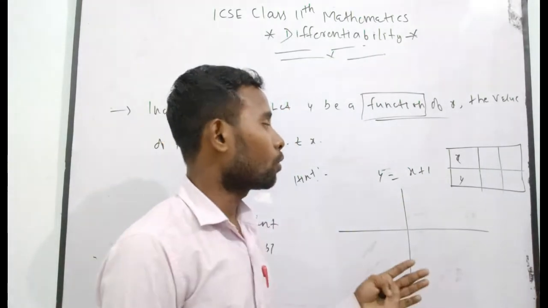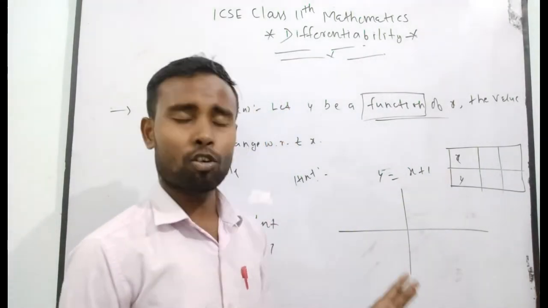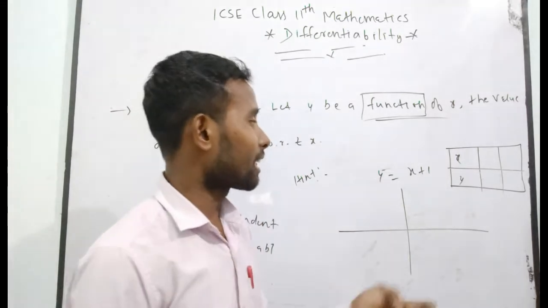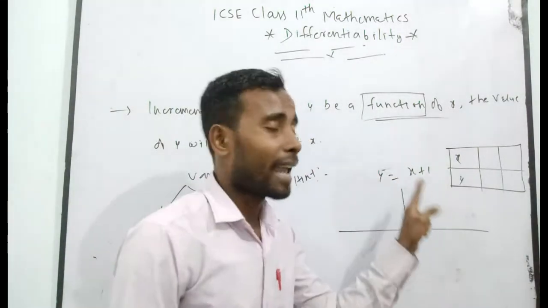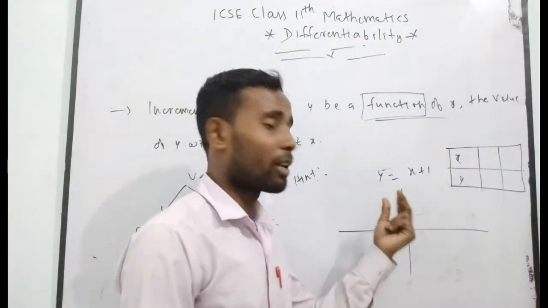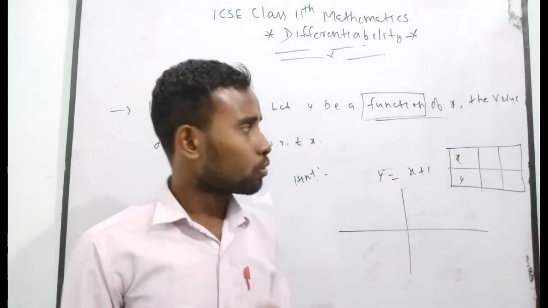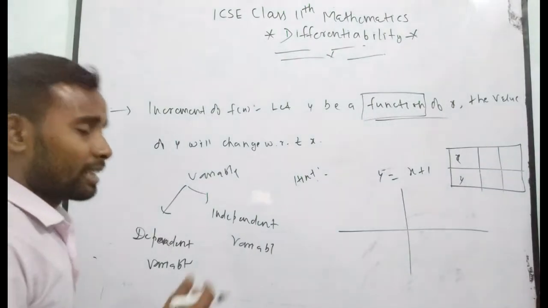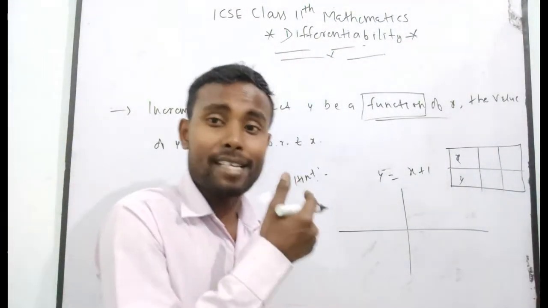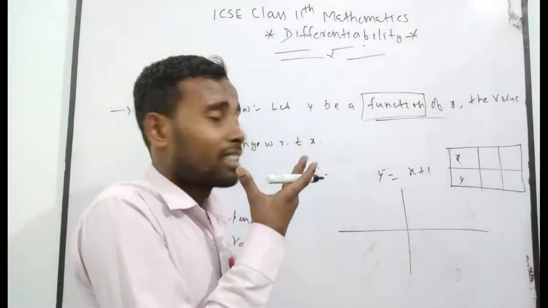Whether it increases or decreases does not matter, but if the value of x changes by any value, then the value of y also changes. So the value of y changes accordingly as x.